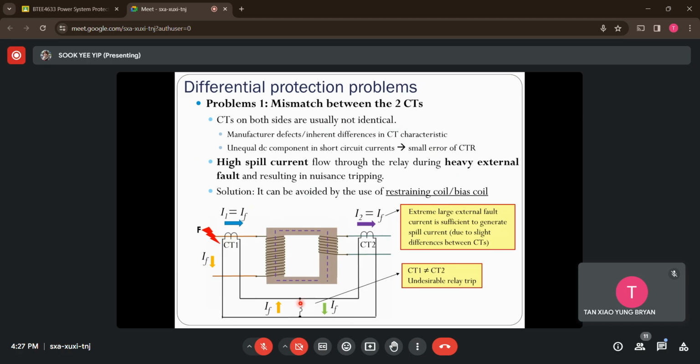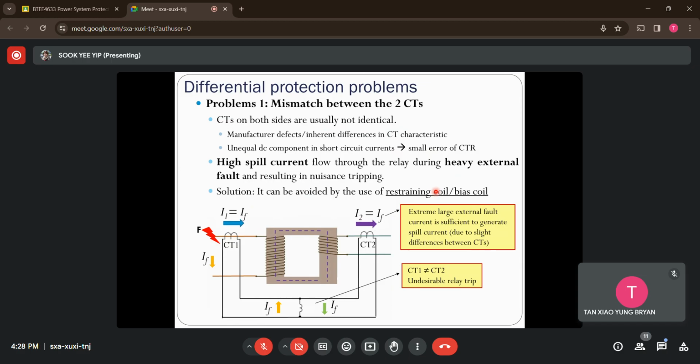As a result, because of this current transformer mismatch in characteristics, the relay will operate under an external fault condition, which is not desired. How we can solve this problem is by using a restraining coil, or what we call the bias coil.